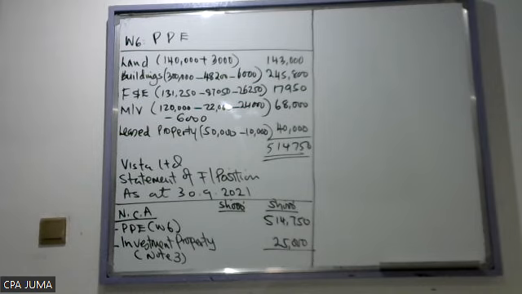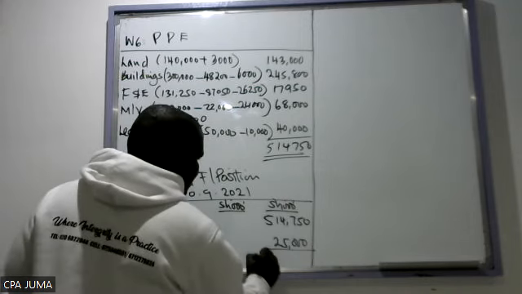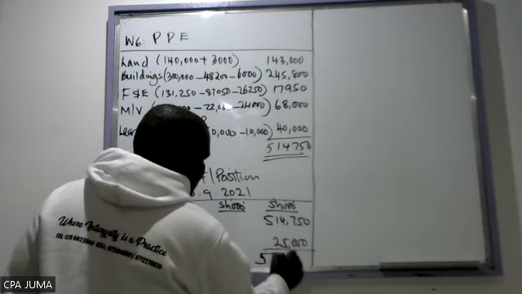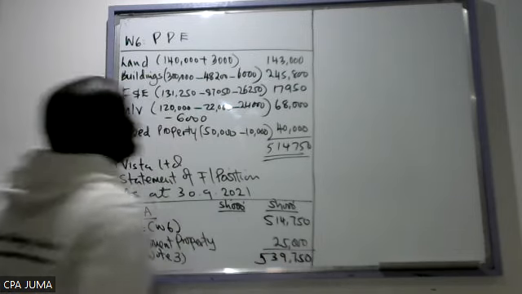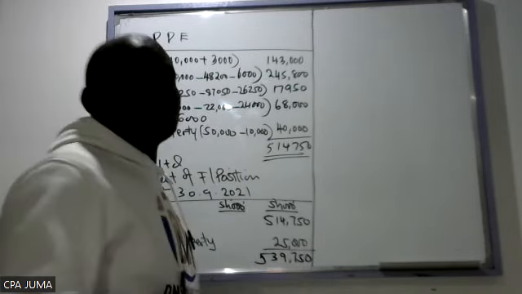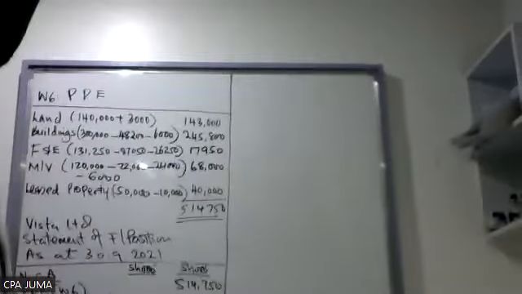How much do you have? 539, yes. 539,750. Good. Current assets. So let's go the other side.